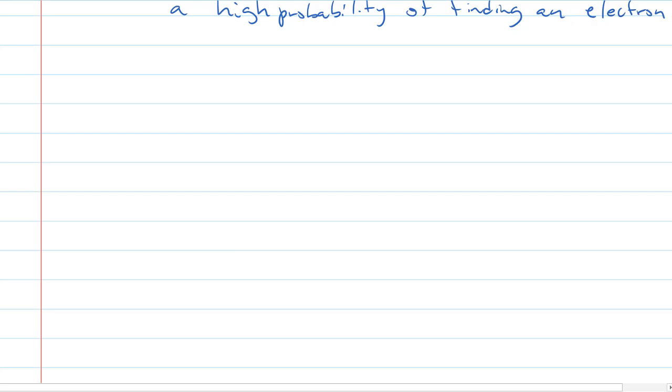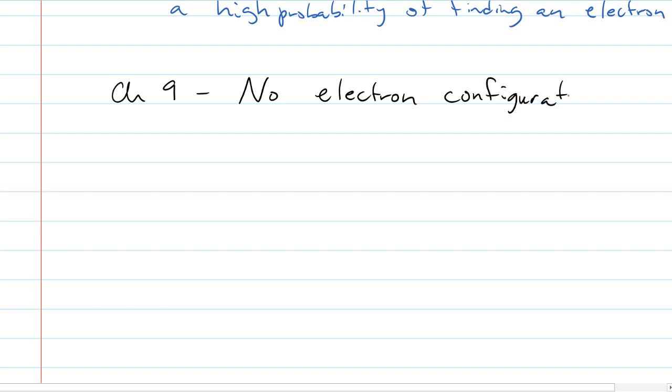So the interpretation you would take from this is that in chapter 9, you are not going to be doing any electron configurations, and also no orbital diagrams.